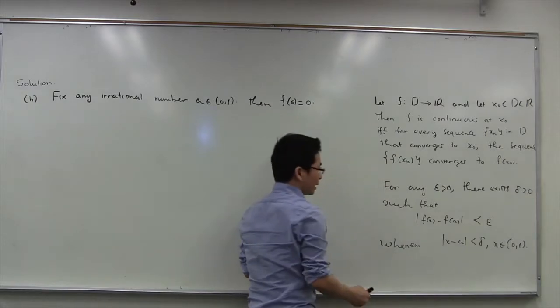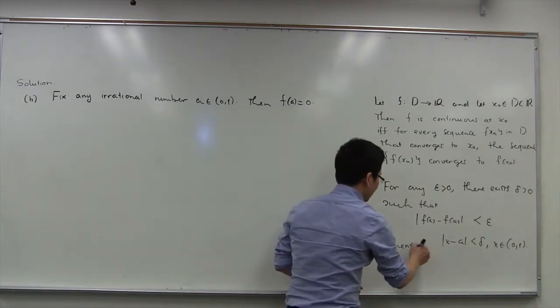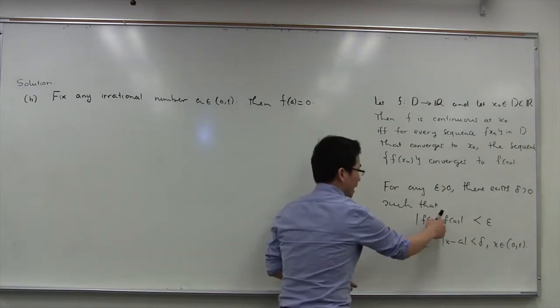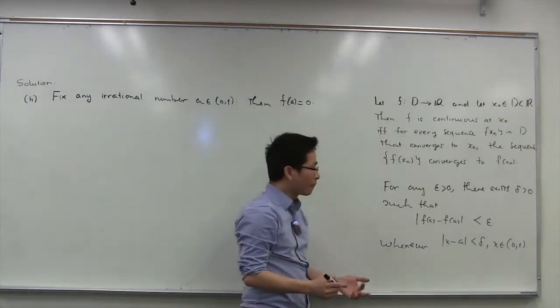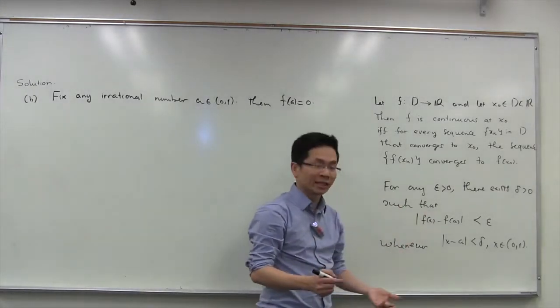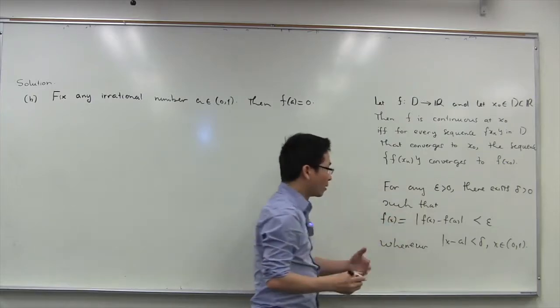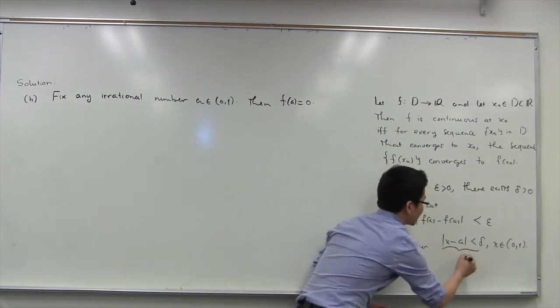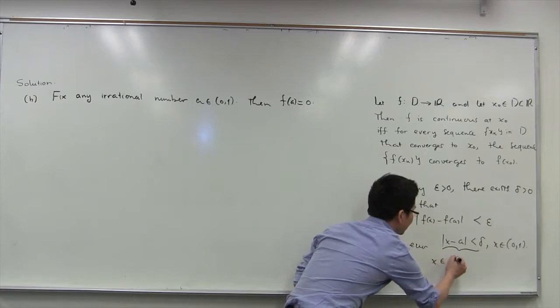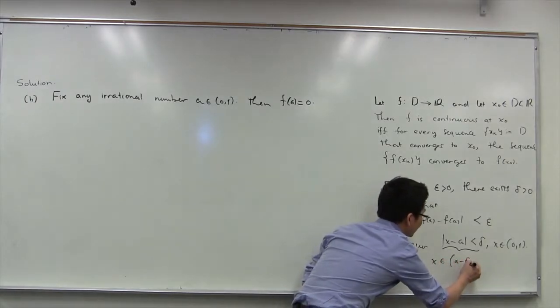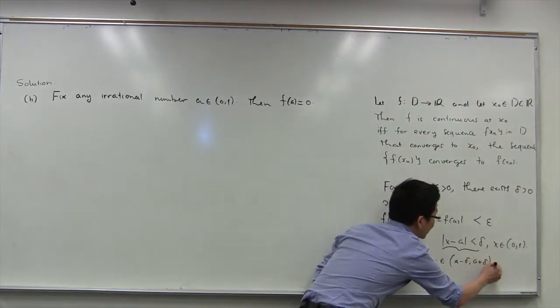Note that f of a is 0, and f of x is non-negative. So this is just f of x. And also, this condition means that x is in the interval (a minus delta, a plus delta).